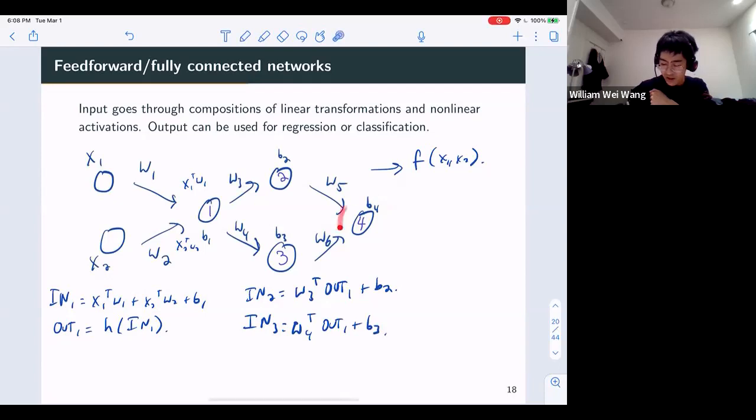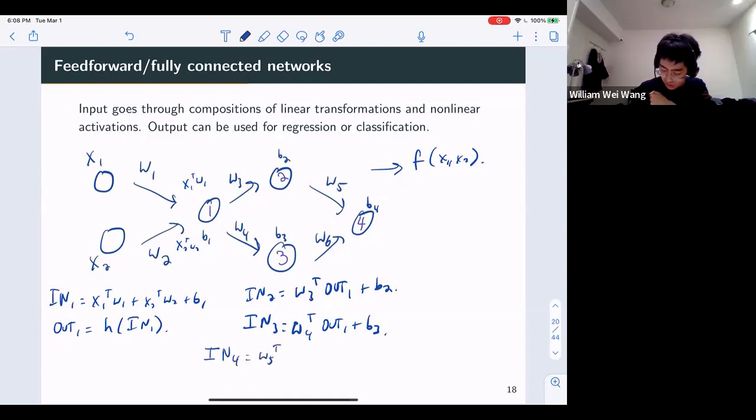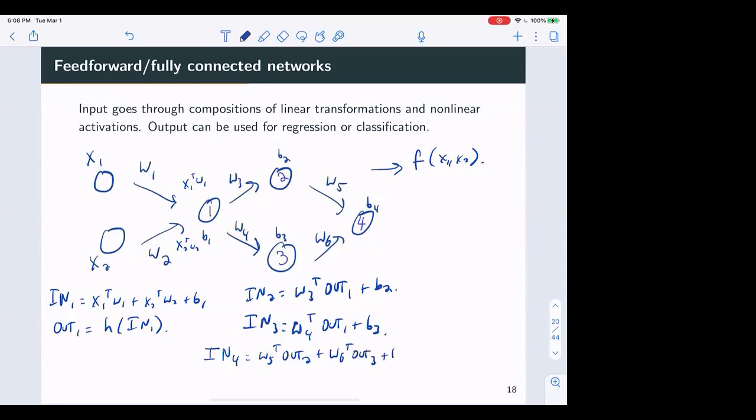If you want to, then you can do the same thing for 4 as you do for 1. So the input for 4 is equal to W5 transpose output of 2, where output 2 is still going to be h of input 2, plus W6 transpose out 3 plus the B4.